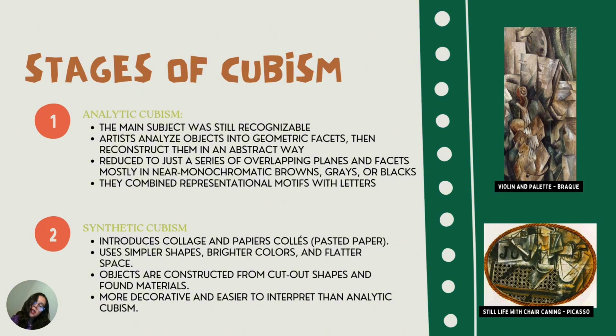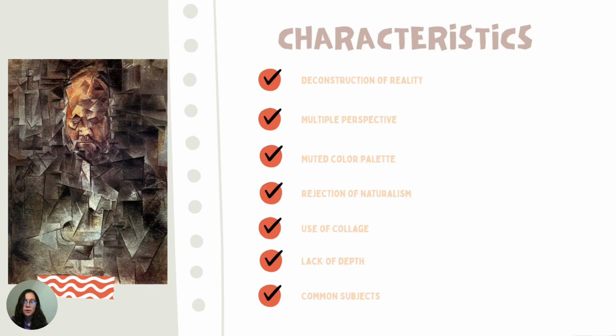Unlike Analytic Cubism, which broke objects into small parts to represent them, Synthetic Cubism used flat shapes in everyday materials like paper, fabric, or labels to suggest real objects more directly, often by cutting them into recognizable forms or adding graphic elements.